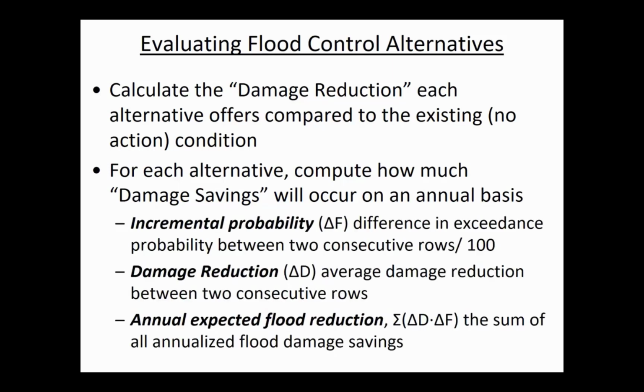Now, to go through that process of calculating the annual damage savings, we have to consider the incremental probability, which I think is best explained once we're actually looking at the example. But the idea is that incremental probability is how much probability there is between the 2-year storm, for instance, and the 5-year storm.